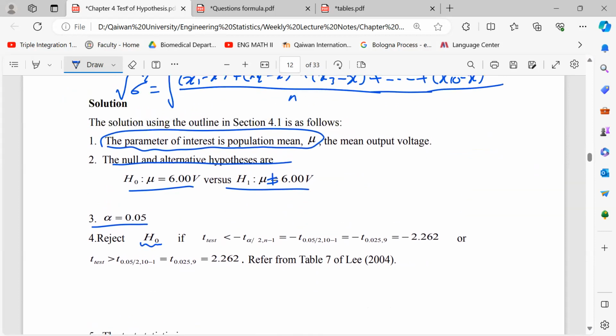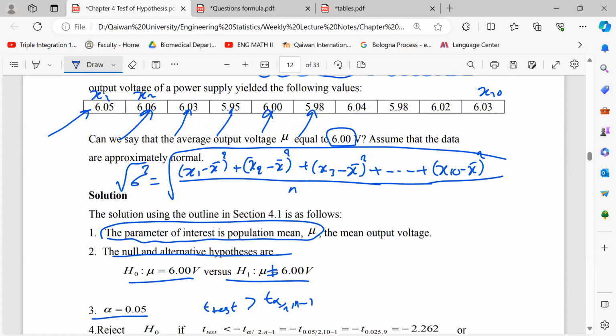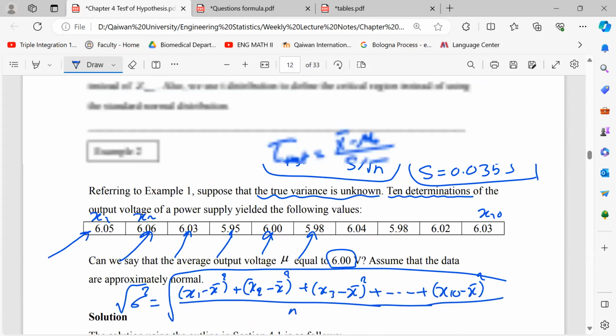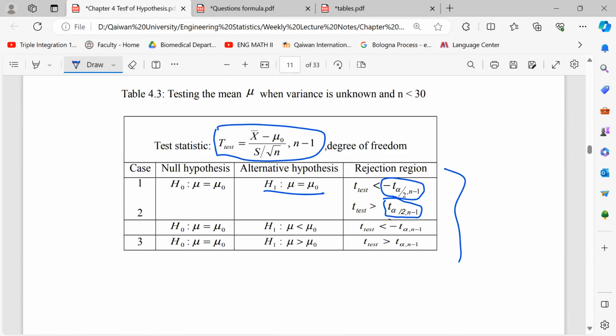We reject H naught if t test is less than minus t of alpha over 2 and n minus 1, or if t test is greater than t of alpha over 2 and n minus 1.